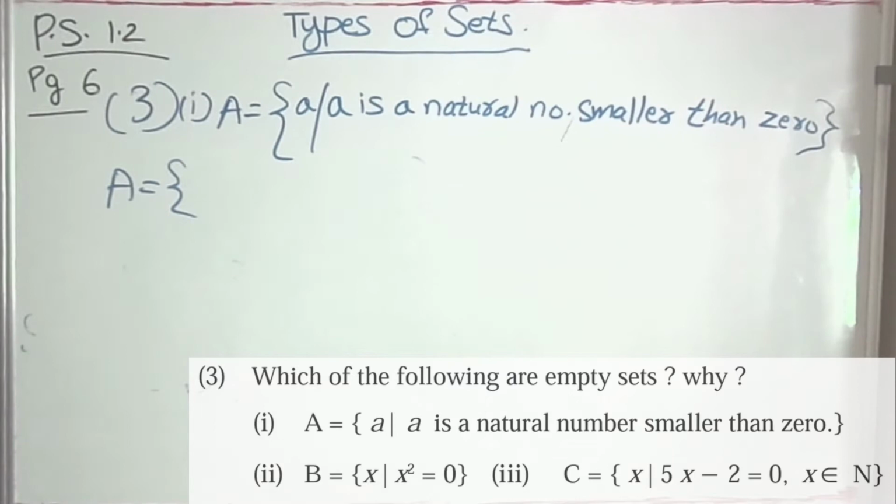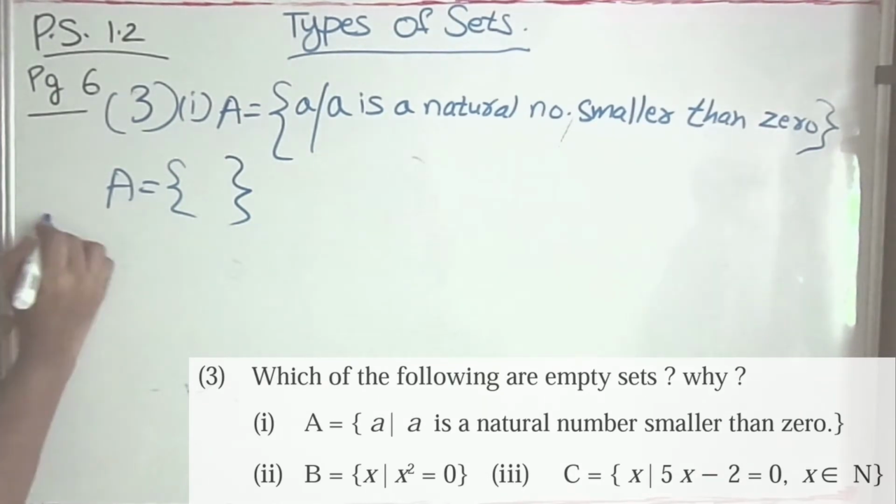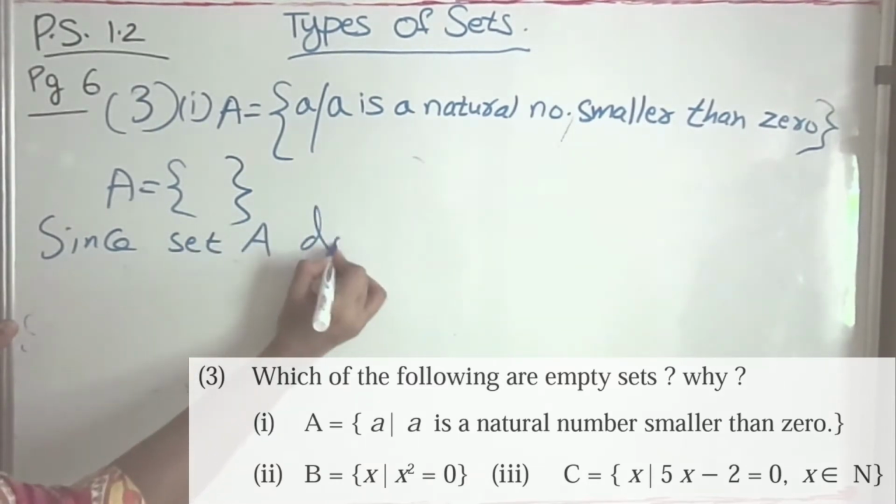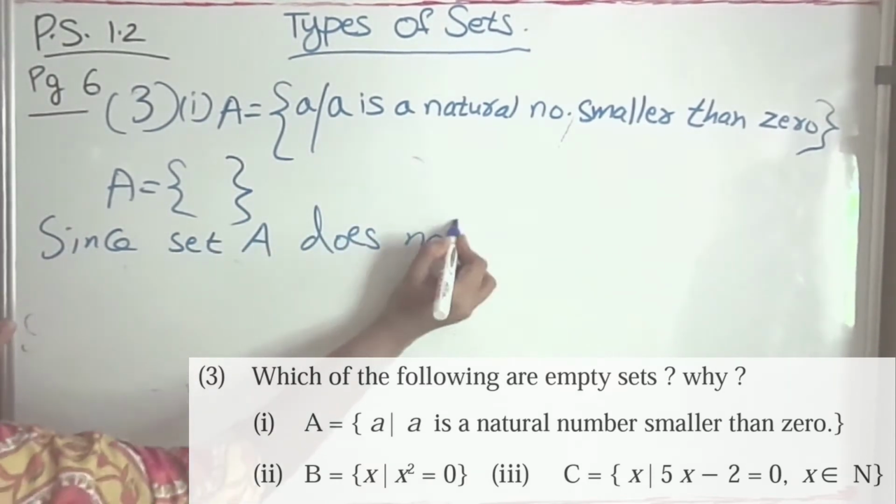What are natural numbers? They begin from 1. 1, 2, 3, 4 and so on. So which are the natural numbers which are less than 0? There is no natural number less than 0. So therefore, what will come in A? A will not contain any element, it will be an empty set. Since they have asked us for a reason, you can write down: since set A does not contain any element.